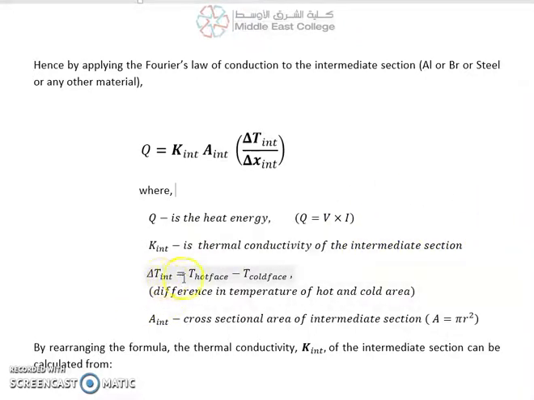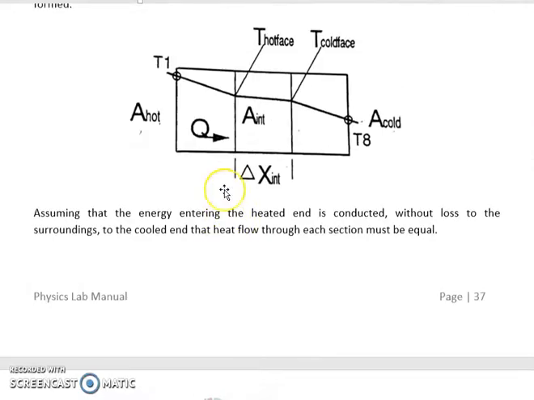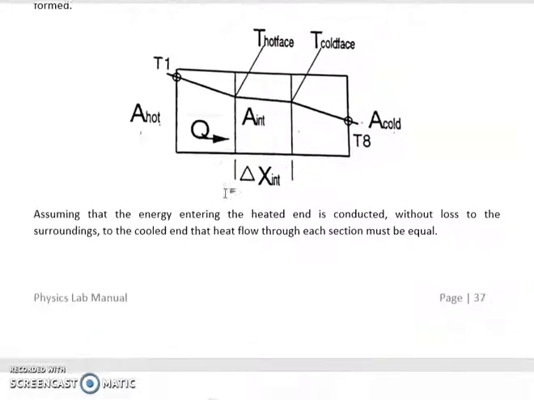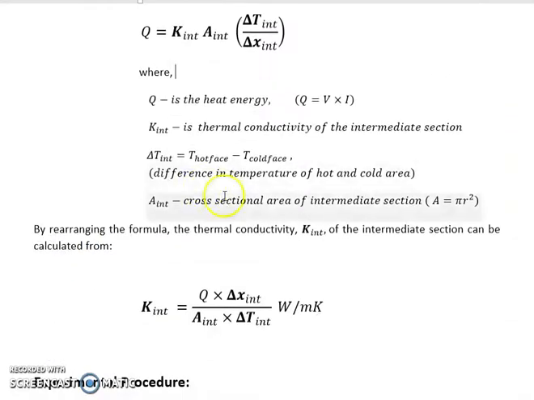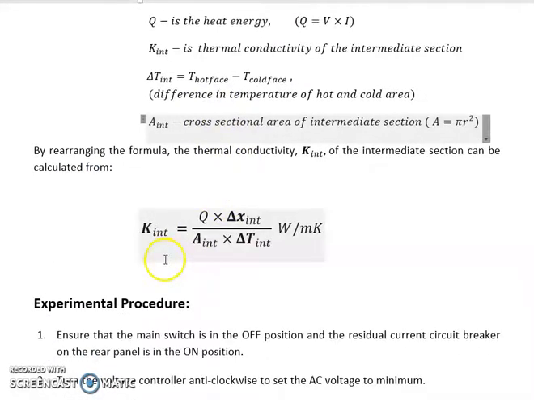ΔT_int is equal to T_hot face minus T_cold face, the difference in temperature of the hot and cold areas. A_int is the cross-sectional area of the intermediate section. I will show you the images, then you can understand. So this is the basic theory required, and you have to use this final formula to complete the calculation procedure.